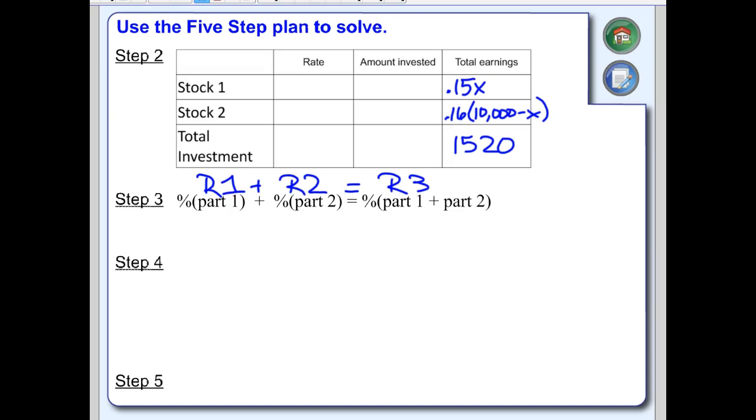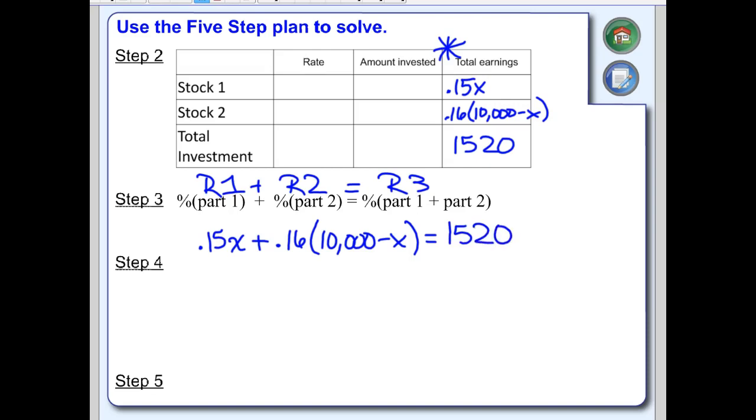Okay, so let's see what happens when I put everything in the third column, the total column, together to make my equation. Well, stock 1 is 0.15x. Stock 2 is here, 10,000 minus x, equals how much money he made on his stocks.